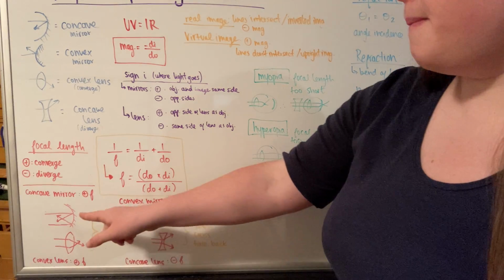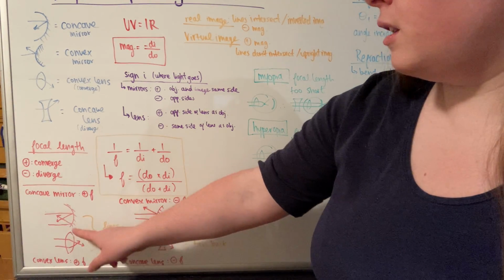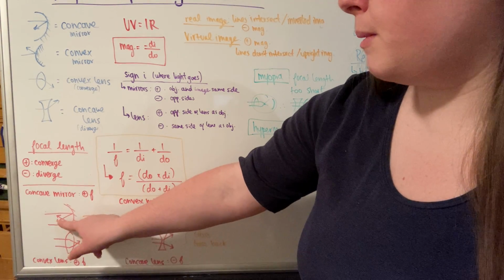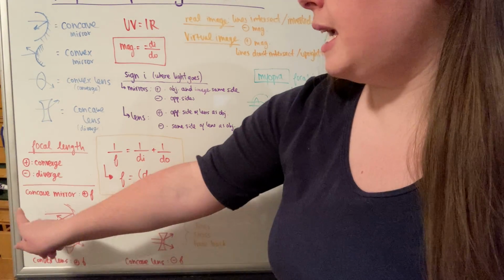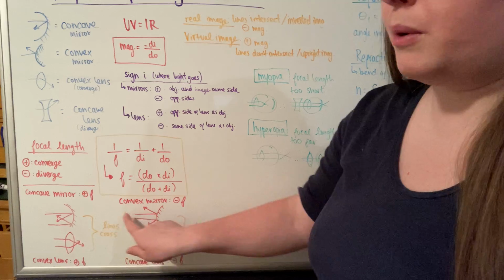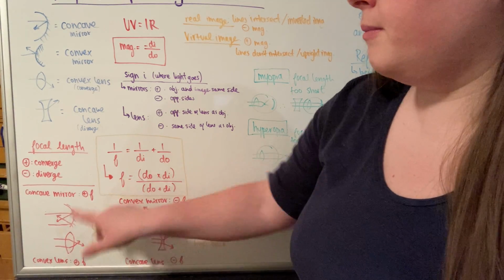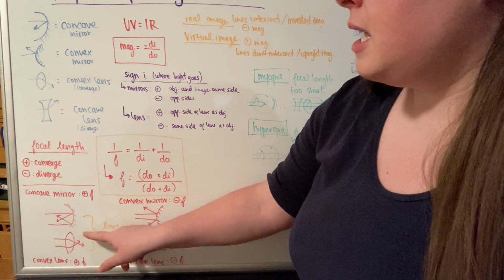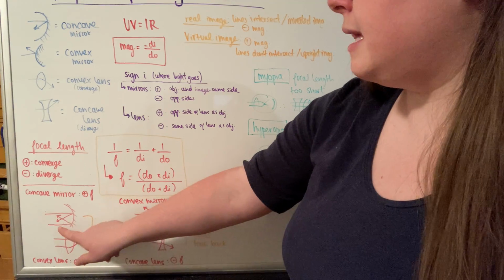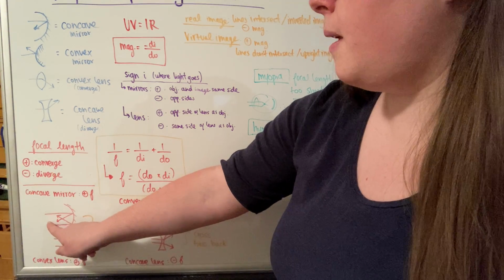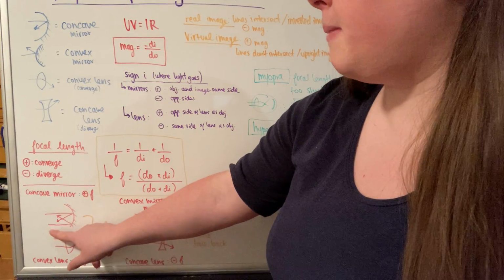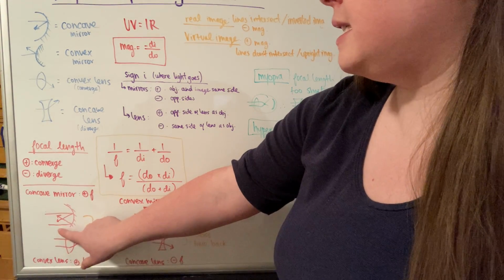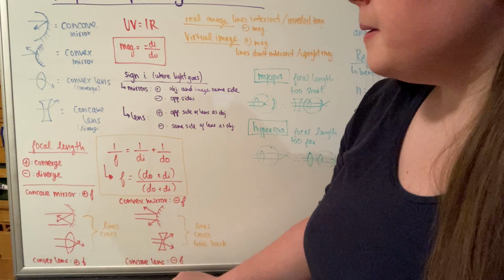If we're looking at the mirror, the crossing is where we will see this image. We would know that the light is coming from here and going through the mirror this way, or supposedly. In this case, if our object was here, we would have our object and our image on the same side, which means this would have a positive image distance value, okay?